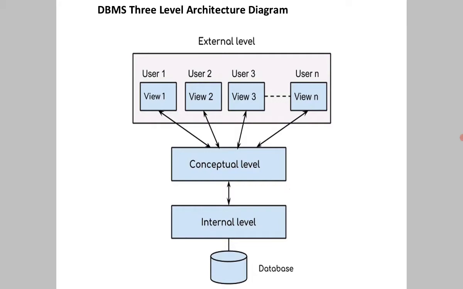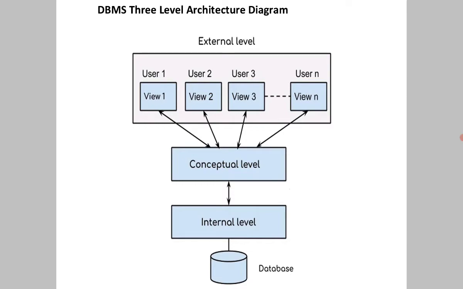First level is external level, second level is conceptual level. In conceptual view, all the logical database designs exist. Means what are the relationships among various tables or databases, and what are their indexes, and all the other DBMS related operations are defined here.